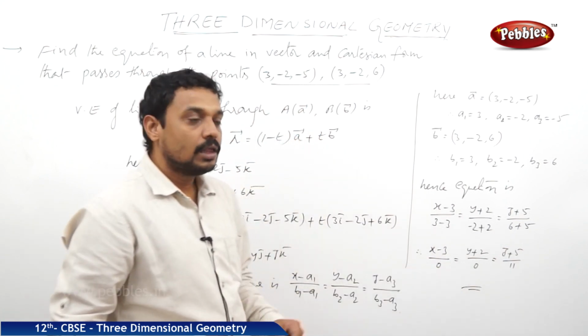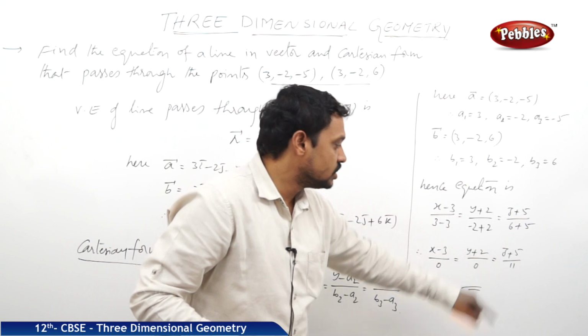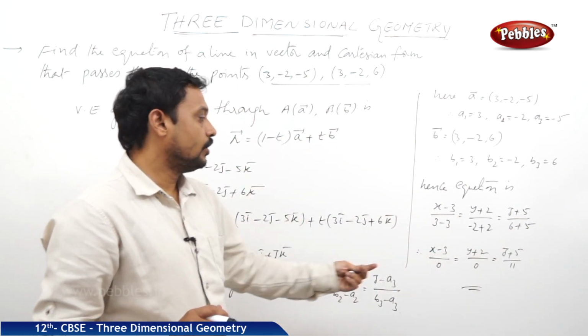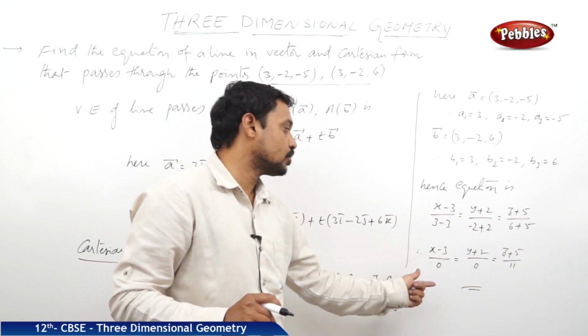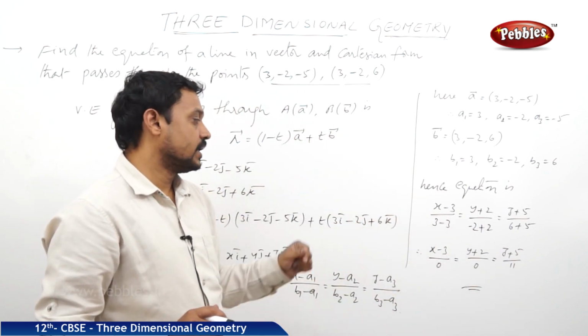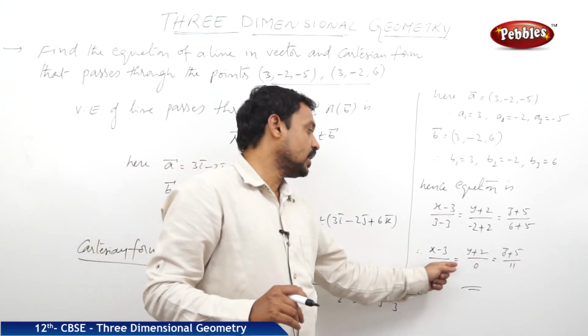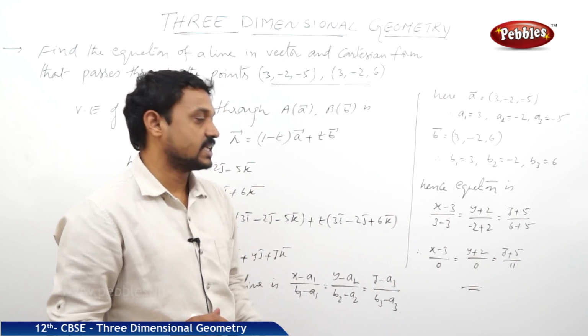Then the line is along the z axis. Now here 0 comma 0 comma 11 are direction ratios of the line that passes through the given points. So when the direction ratios are 0 0 11, it represents the z axis.